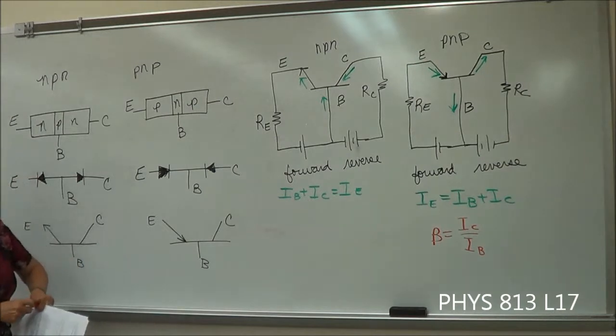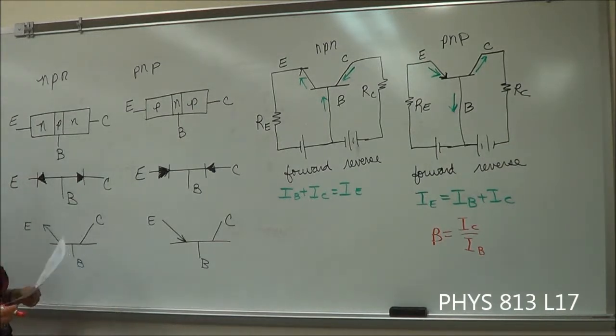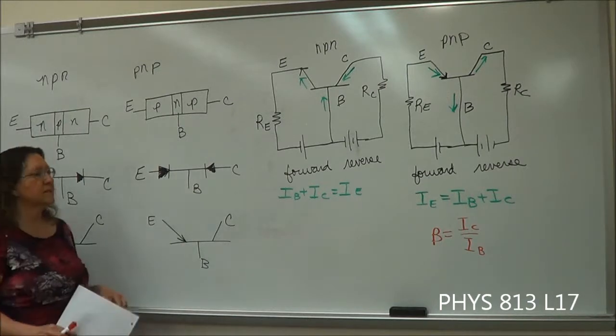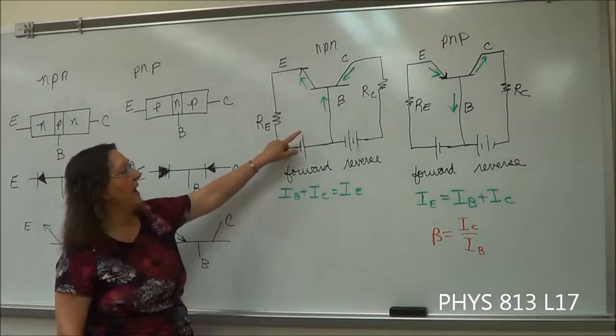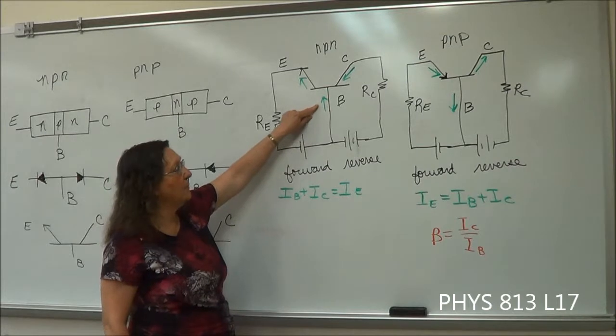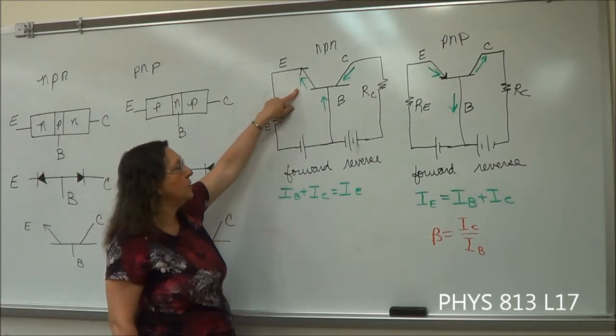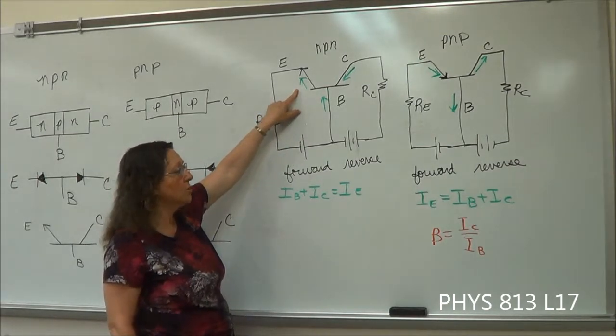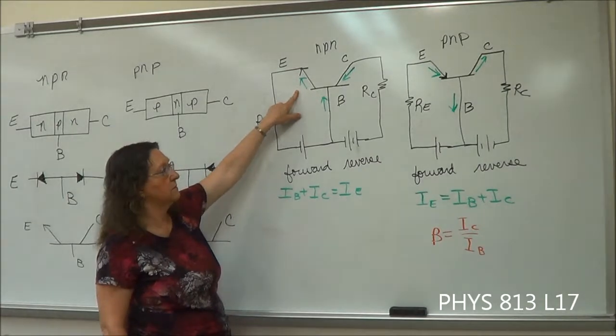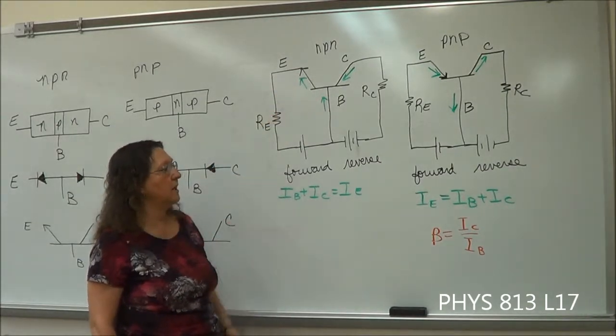Now, the whole idea for these transistors is that if you have a small base current, you can get a large emitter current, whether it's going out or coming in.